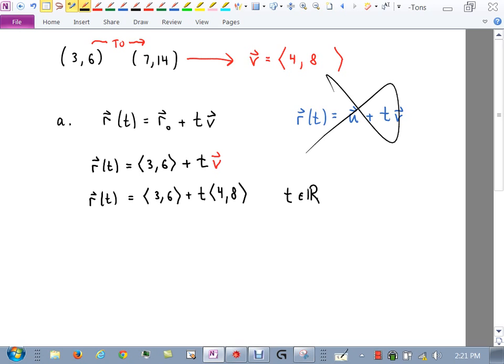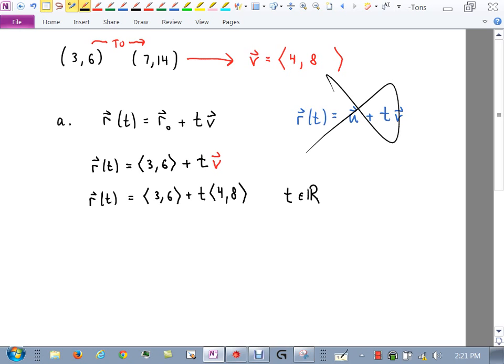And it points to that point 3, 6. What if t is 1? Then you're just adding these two vectors together, which gives you 7, 14, which points to that one, doesn't it? But then you take all the multiples and you create the line in both directions.